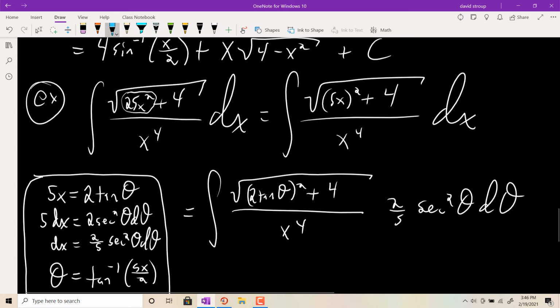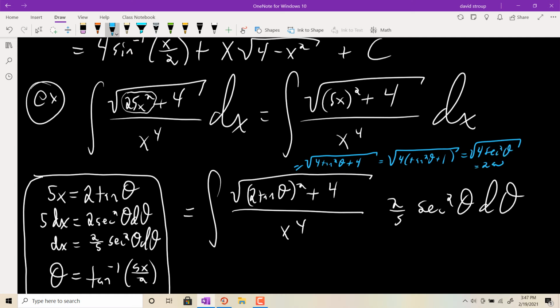This thing on the top, let's clean that up a little, right? So this will equal the square root of 4 tan squared theta plus 4. That will equal, factor out the 4, the square root of 4 times tan squared theta plus 1. You replace tan squared plus 1 with secant squared, and then that'll equal 2 secant theta.